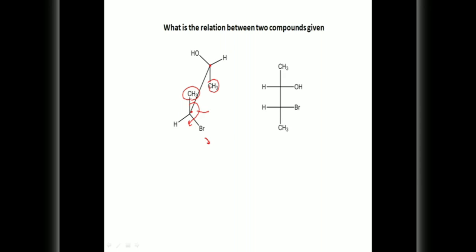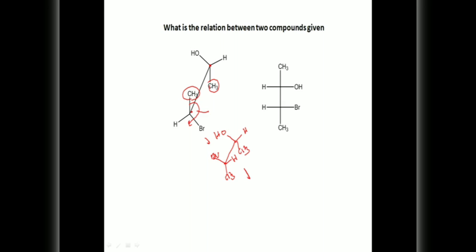In this rotation, it is converted to this. Here OH, this hydrogen and this CH3. By the rotation, methyl comes to the downward direction, and this is Br and this is hydrogen.